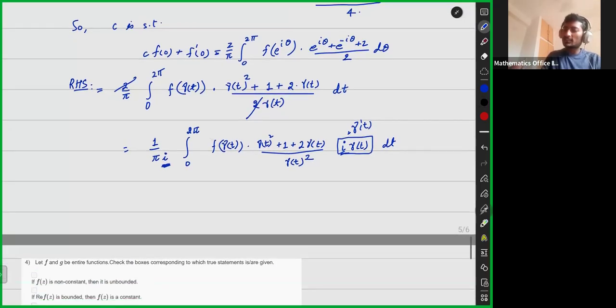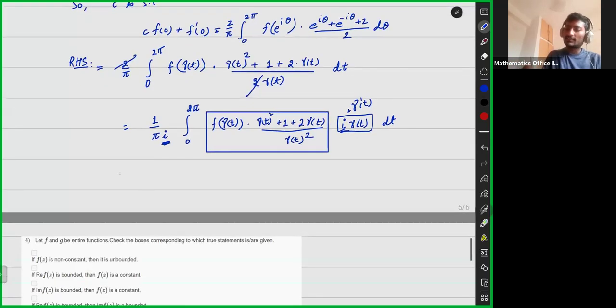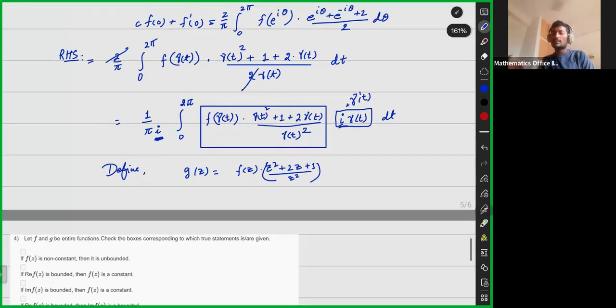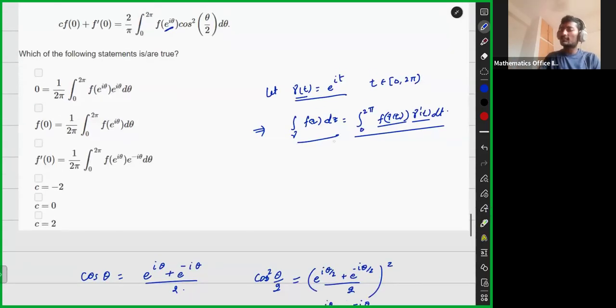So the new function which is written here, define g of z equal to f of z into (z square plus 2z plus 1) divided by z square, so this is (z plus 1) whole square over z square, right? If this is our new function, now using this identity, you will get the actual form.